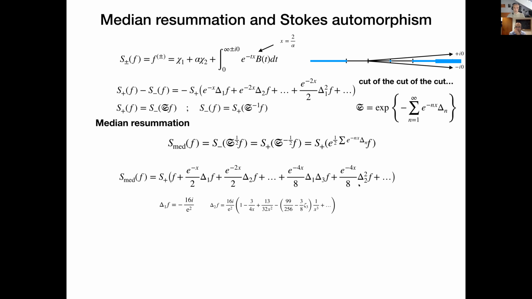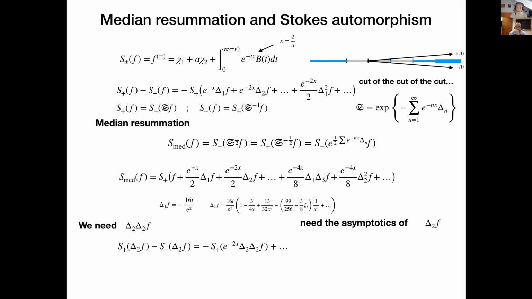So if you calculate it, then you will see that we will have these single alien derivatives, just the contributions of the cuts. These are imaginary, but at some point we also have some real part, which is related to the second alien derivative of this function. This is the alien derivative of the alien derivative, the asymptotics of the asymptotics.